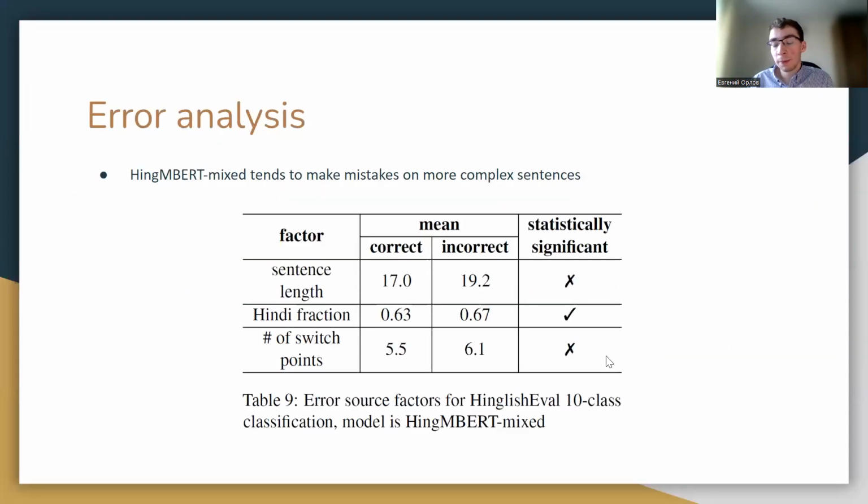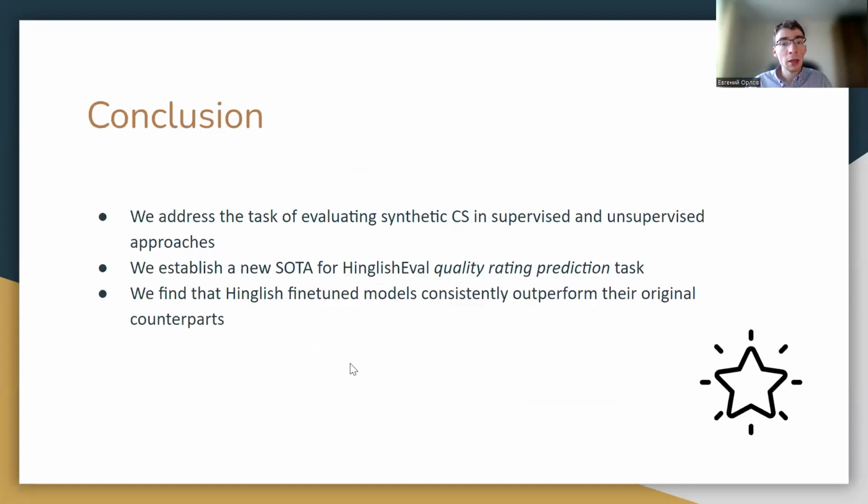We also perform an error analysis and find that the best performing model tends to make mistakes on complex sentences, which are longer, which have more Hindi, and which have a bigger number of code switching switch points in them.